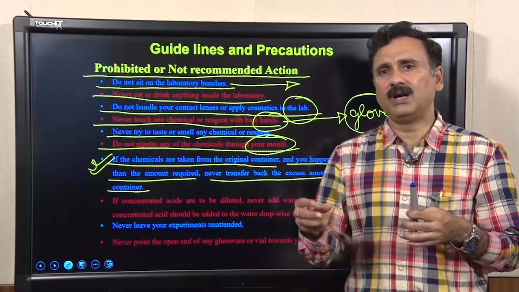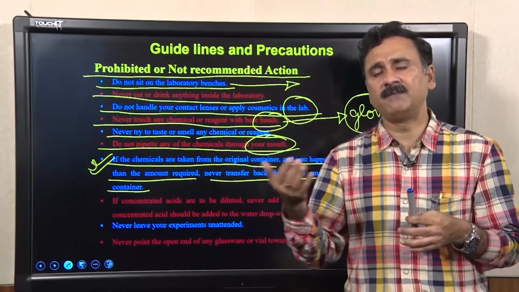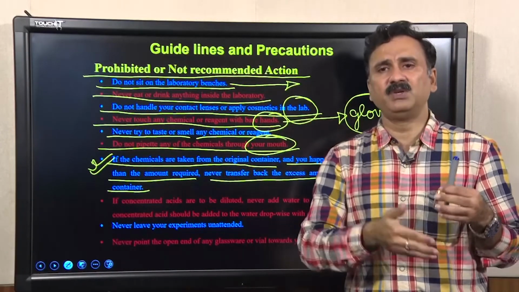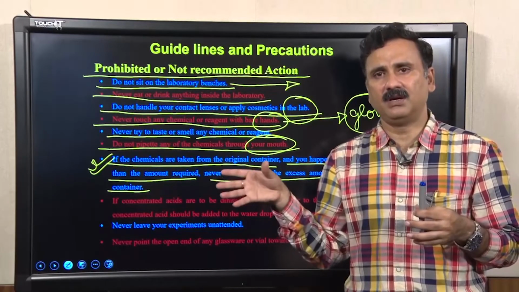So, that is the way you are going to contaminate your original stock. And if you contaminate your original stock, whatever experiments you do subsequently are going to have that contamination in the picture.